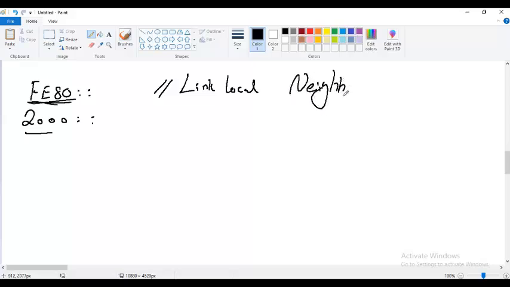Neighbor discovery is to know who is connected next. In IPv4, we were using ARP to do neighbor discovery. That is how we learned the MAC address of the neighbor. In IPv6, it's the link local address. That's the reason I was telling you there is no ARP.